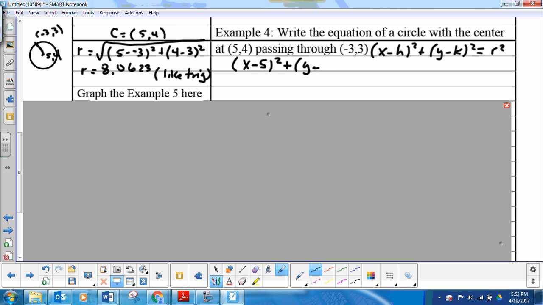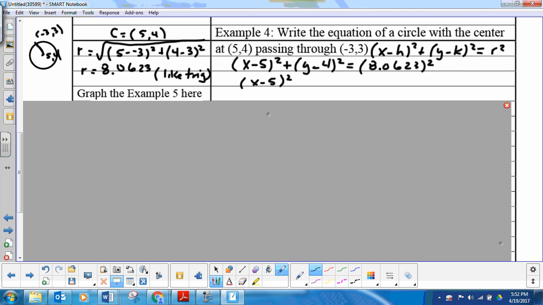In this case it's just 4, so y minus 4 squared is equal to the radius squared. Our radius is kind of gnarly, but 8.0623 squared. And there's nothing to really pretty up over here on the left-hand side.